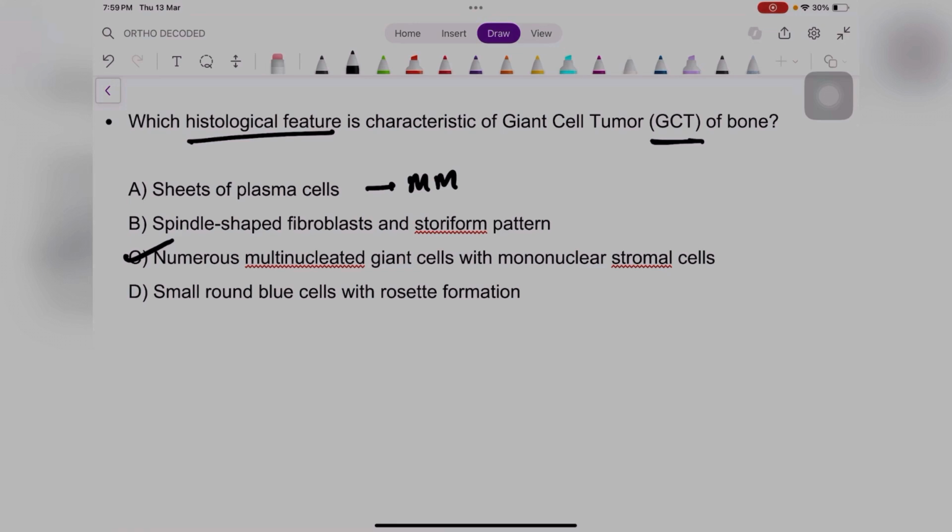Where do we see these small round blue cells? These can be seen in Ewing sarcoma. So this is how you need to rule out the other options. Even if you are not able to come to a conclusion, you can just rule out two options and rely on the rest of the options. So it will be easy for you to understand and write the question.